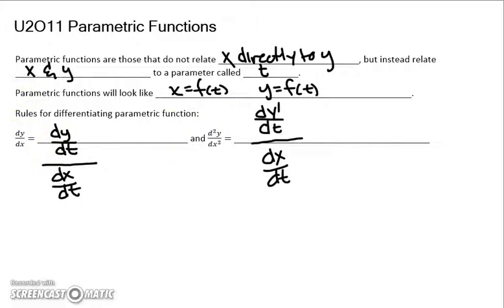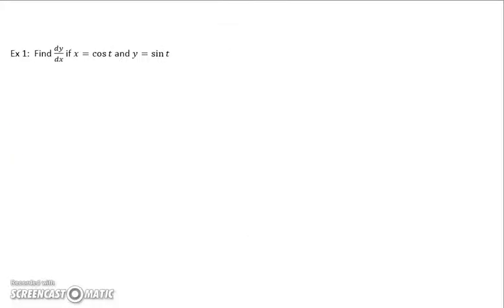So a couple examples to look through with the calculus. Find dy/dx if x equals cosine t and y equals sine t. So dy/dx again is going to be the derivative of y, so we'll look at dy/dt first. Derivative of sine of t is going to be cosine of t.